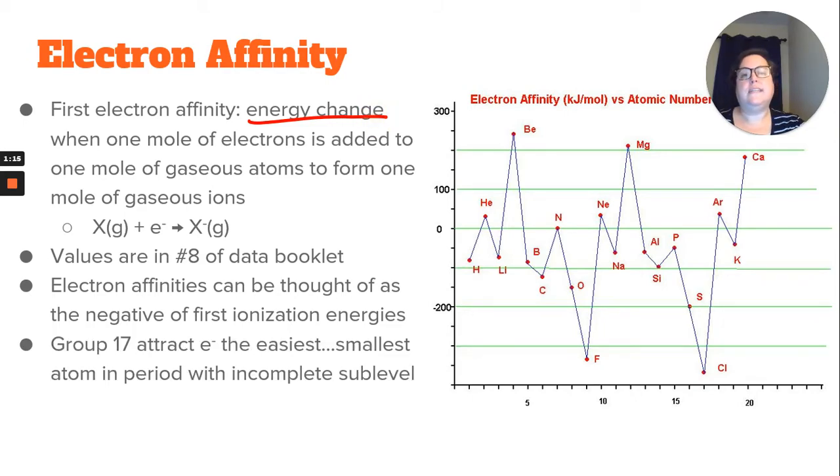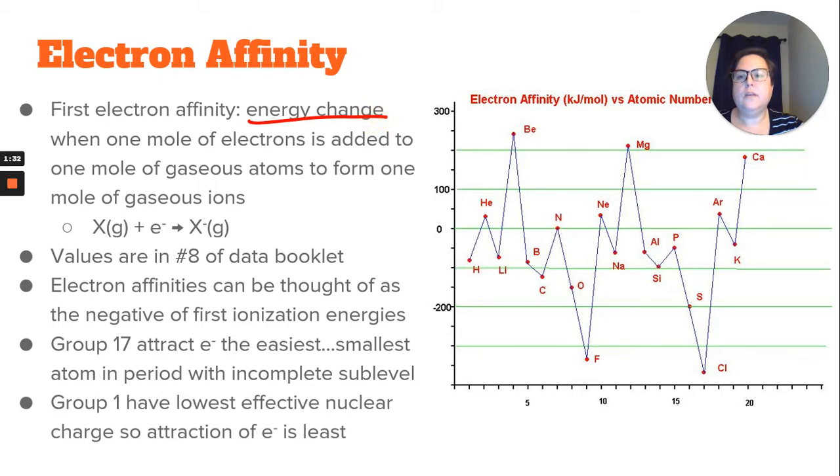So group 17, which is our halogens, attract electrons easily because they're small, so that effective nuclear charge is great, and that nucleus can attract electrons much easier than, say, group 1 elements. Group 1 elements have the lowest effective nuclear charge, so that attraction is super hard.